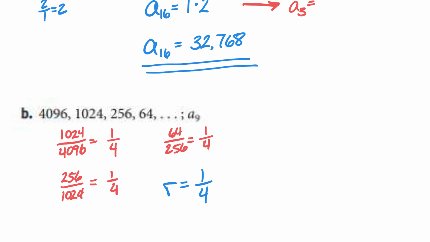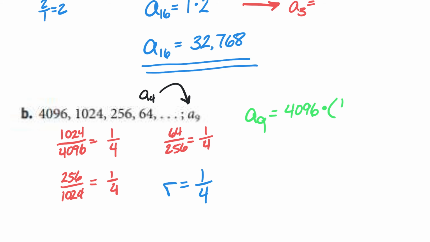We are sitting at a sub 4, and we need to get to a sub 9. So we've got to cut in fourths 5 more times. But again, let's trust our formula. Let's get good at this. The formula a sub 9 is equal to a sub 1, our starting amount, which is 4,096, times our common ratio.